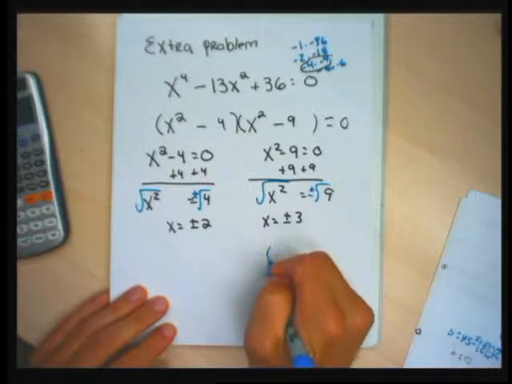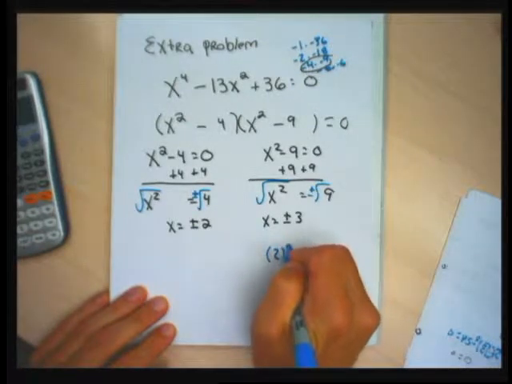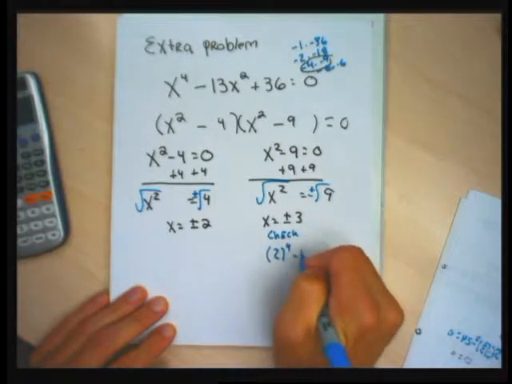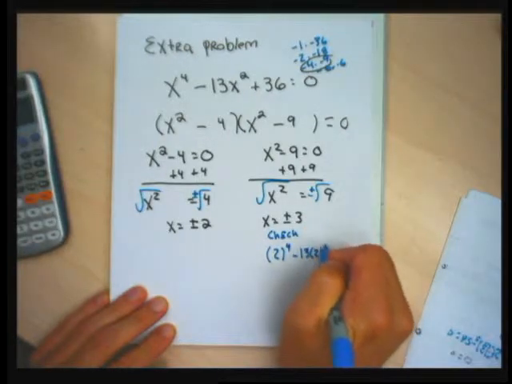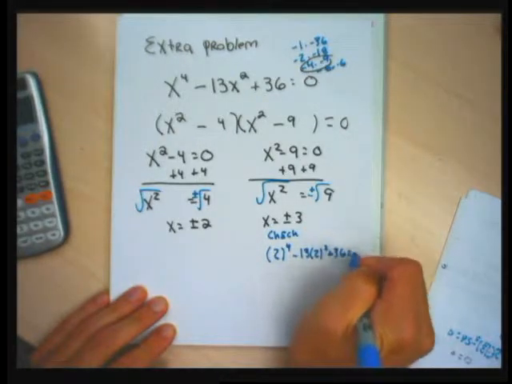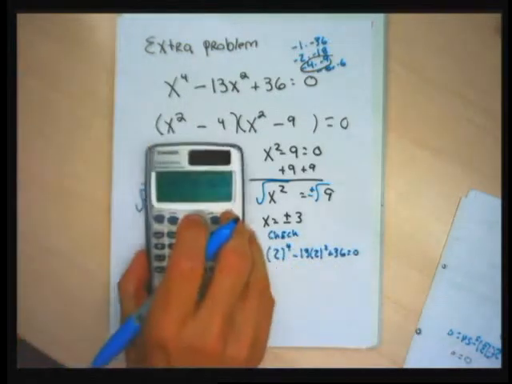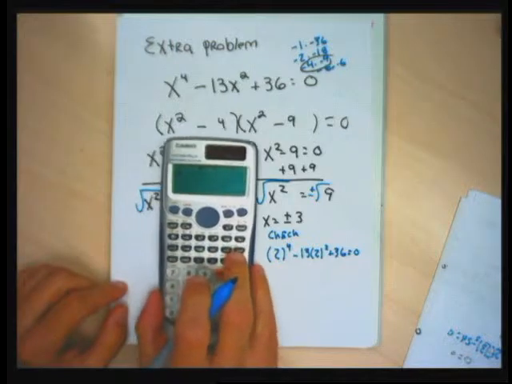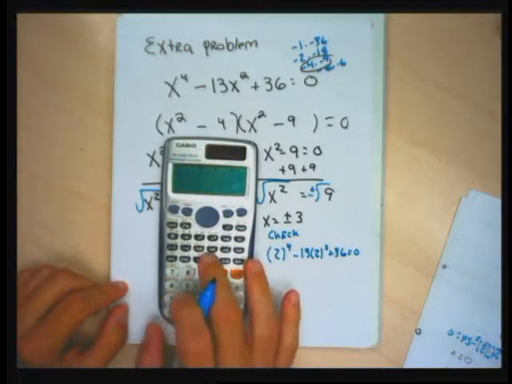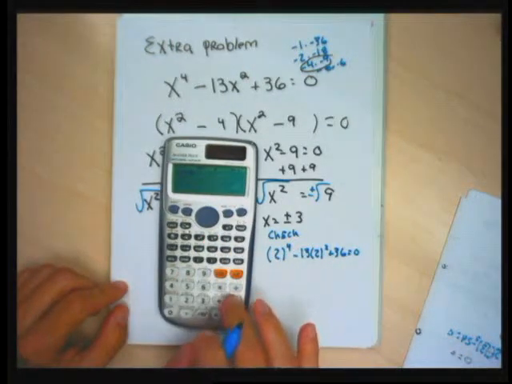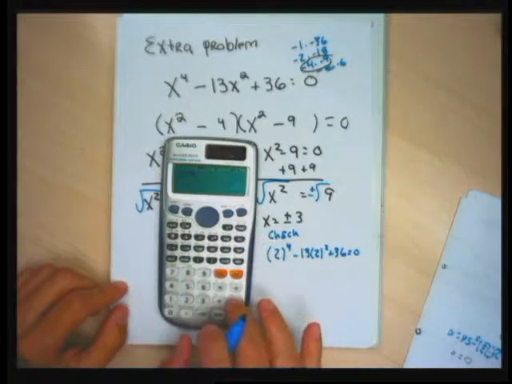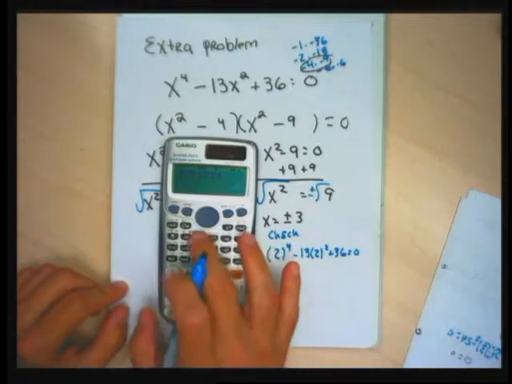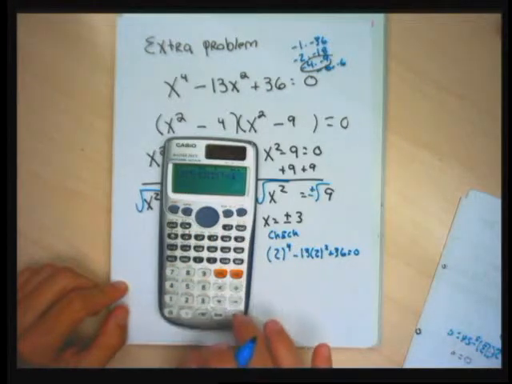First thing I'm going to check is 2 to the 4th minus 13 times 2 squared plus 36, is that equal to 0? And then I'll change the 2 to negative 2, so clear out this junk. Parentheses, 2 up arrow 4th minus, oops, get out of that exponent, minus 13 times 2 squared plus 36.